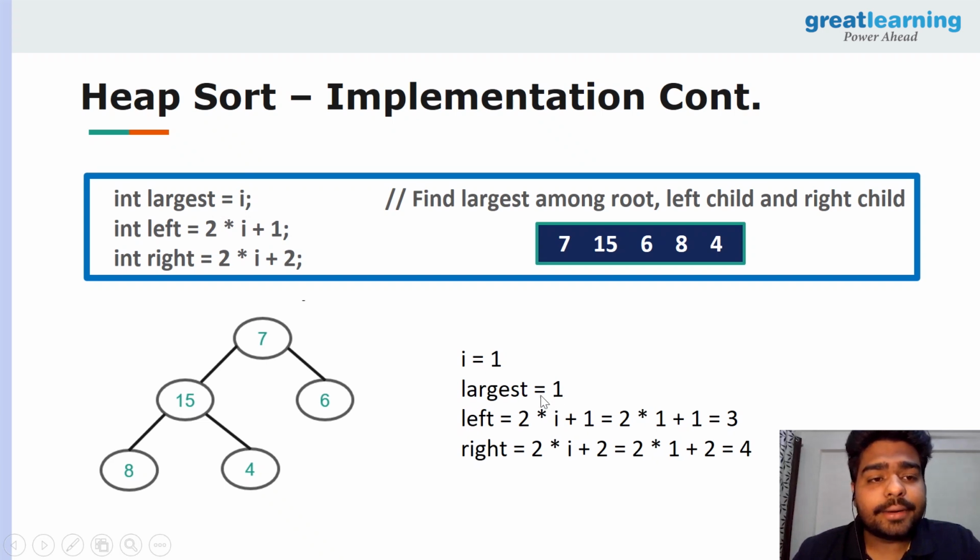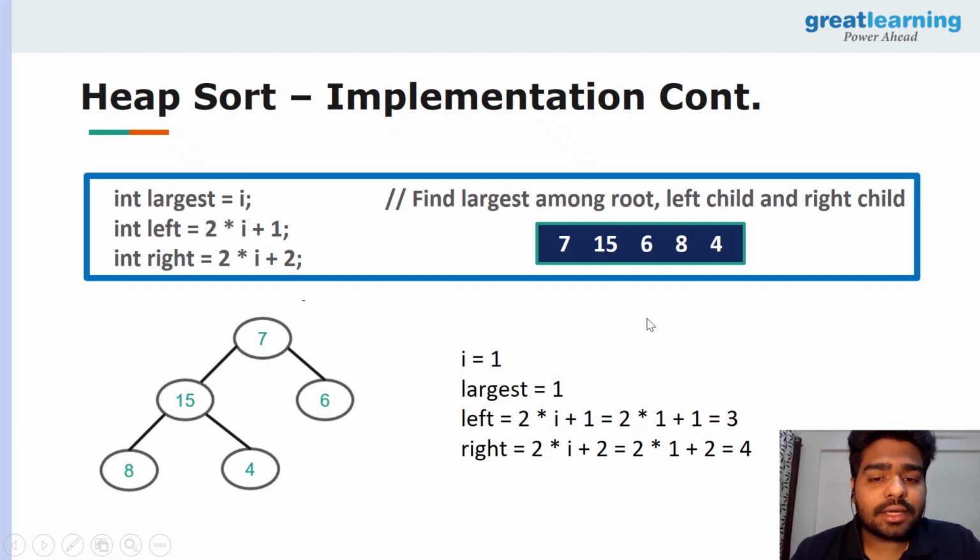Yes, it will become 1. Let's put the values inside the formulas. Left equals 2 into I plus 1 will give you 2 into 1 plus 1, which is 2 plus 1, that is 3. So left is 3, okay?